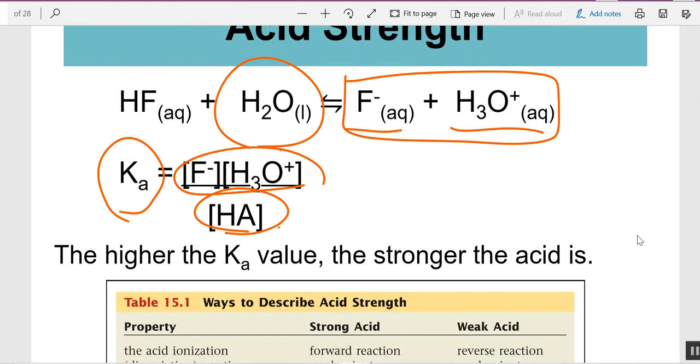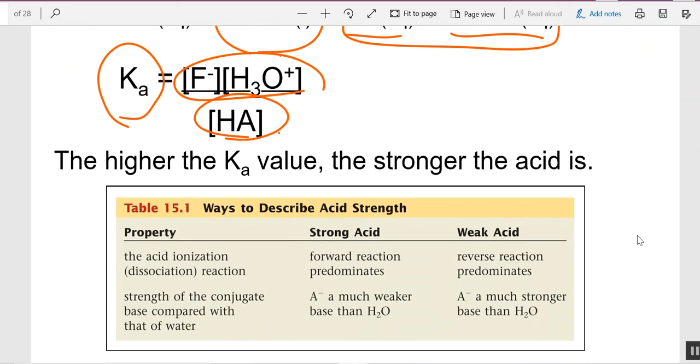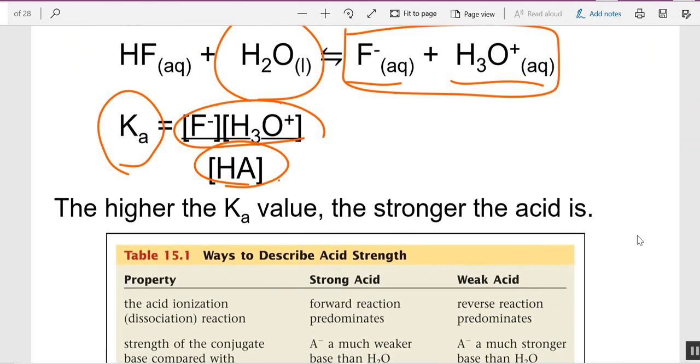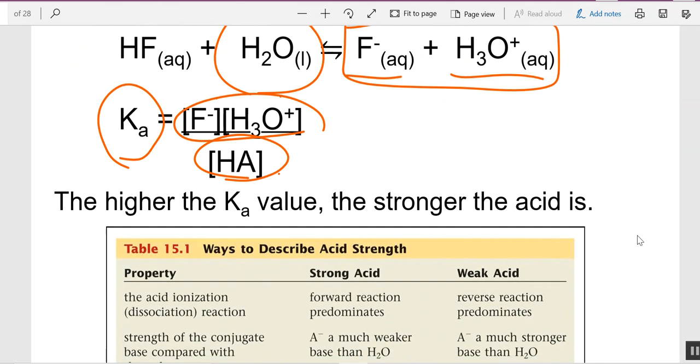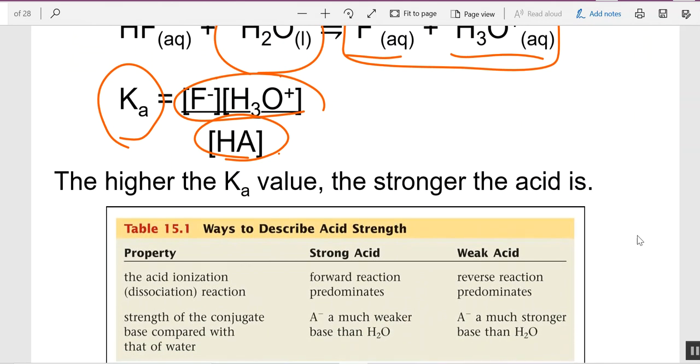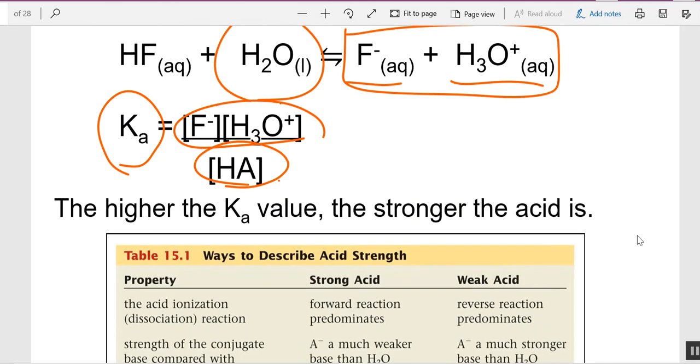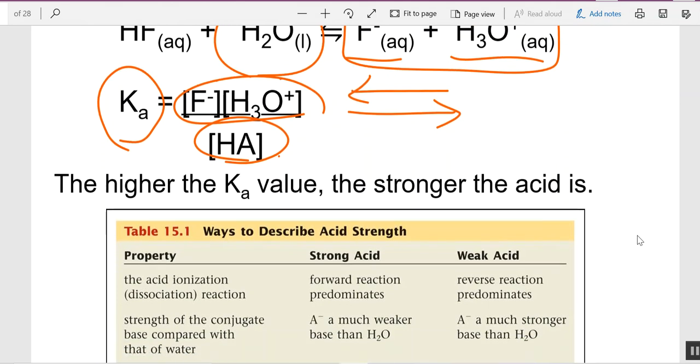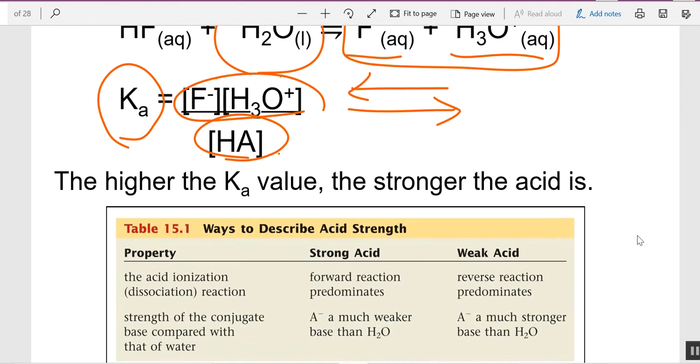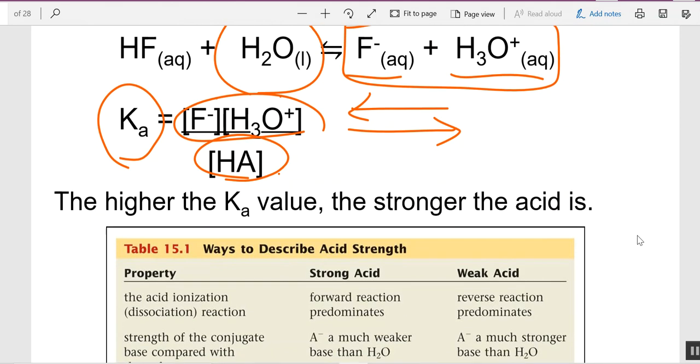Okay, so to summarize, the bigger the Ka, the stronger the acid. Okay. So this table is talking about strong acid and weak acid. Okay, so for strong acid, the forward reaction, this one going forward like this, is predominant. For weak acid, the reverse reaction, this direction, is predominant. Okay, and then this also talks about.